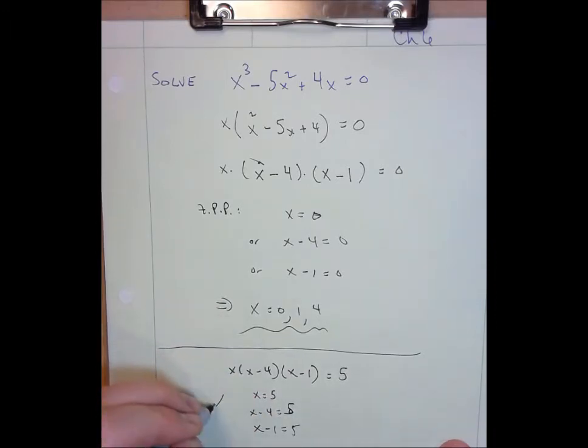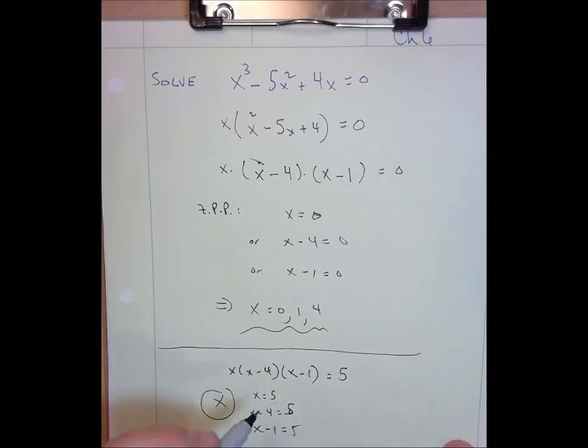Don't do that. If this times this times this is equal to 5, that means this could be 1, this could be 1, this could be 5, or 1, 5, 1, or negative 1, negative 5, positive 1, or square root of 5 and some other things. There's tons of ways for this multiple here to give us a 5 back.